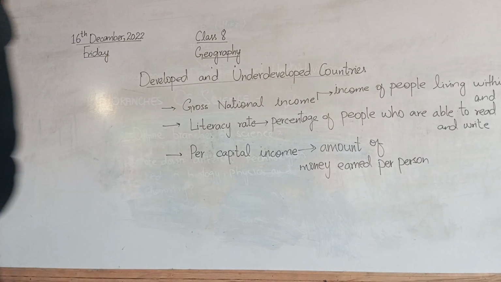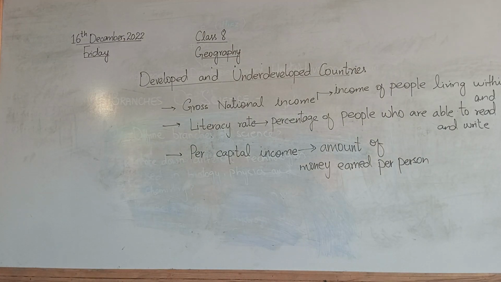So, gross national income is the income of people that are living within the country and that are living outside the country. Literacy rate is the percentage of people who are able to read and write. And per capita income is the amount of money earned per person. So these are the basic terms through which we can compare the developed and underdeveloped countries.